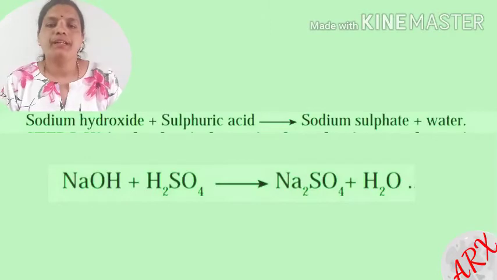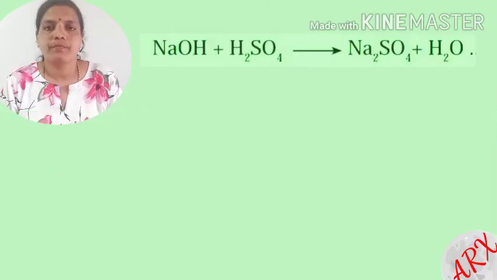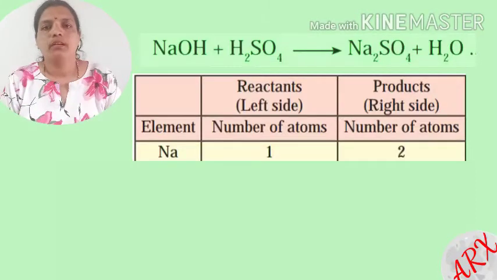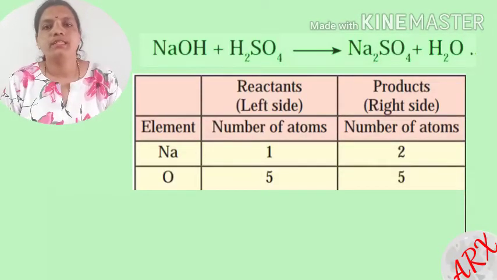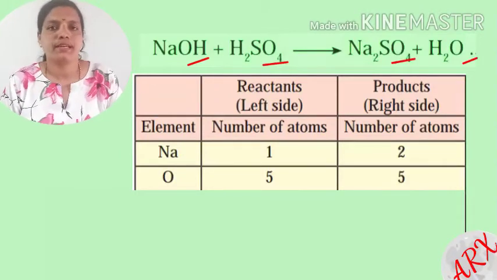Now we will compare the number of atoms on the reactant and product sides. First, sodium. Sodium is 1 on the left hand side, whereas 2 on the right hand side. Oxygen is 5 on both sides.